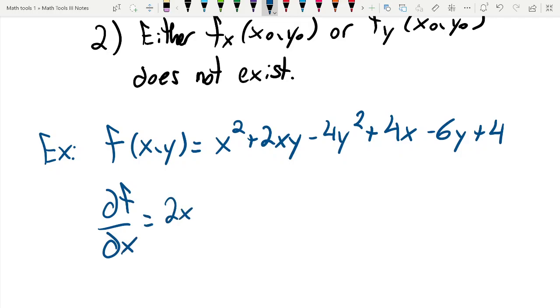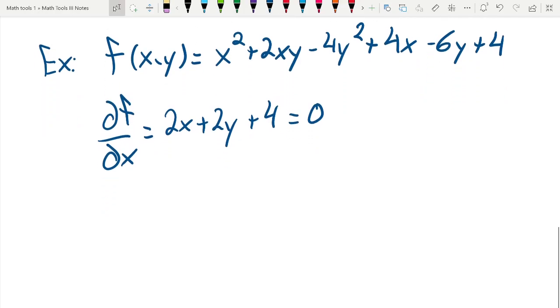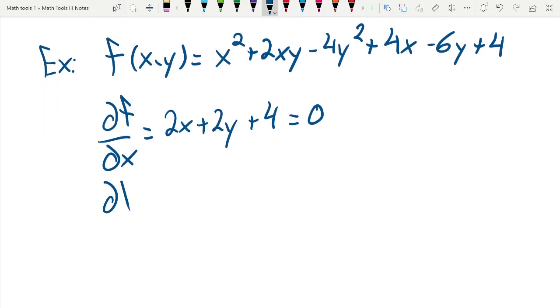So we get 2x plus 2y, 0 plus 4, 0, 0. Okay. And we want to set that equal to 0. Now, in most cases, you're going to have x and y, so you're not going to get one solution here. So you're going to need to take into account the other equation you get from the partial derivative of y. Okay. So let's just go ahead and find that first, and then we'll work on solving this system of equations.